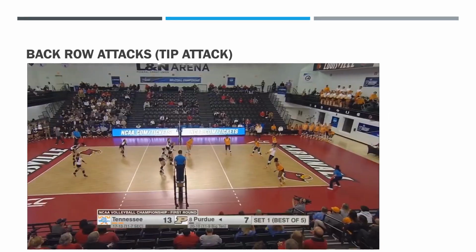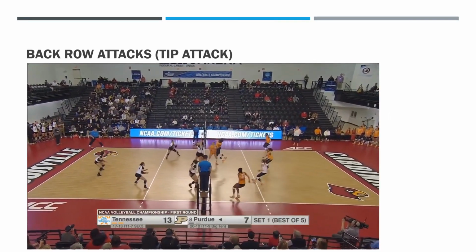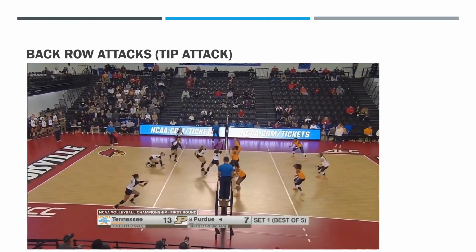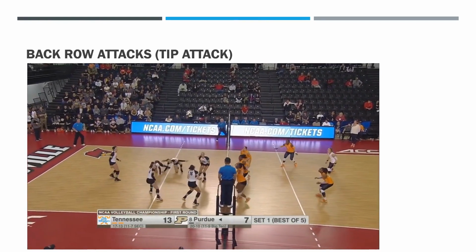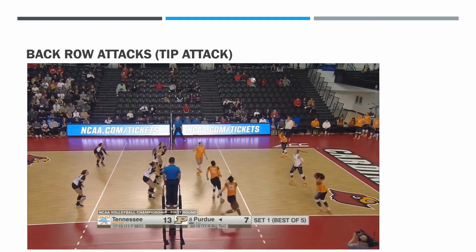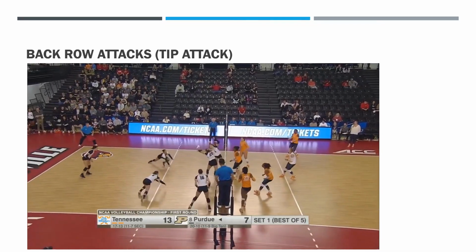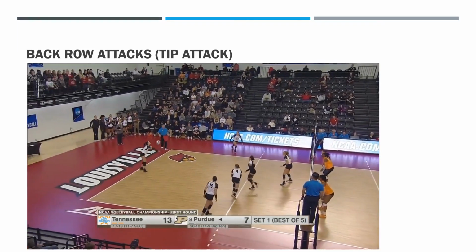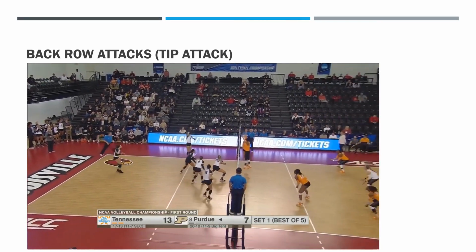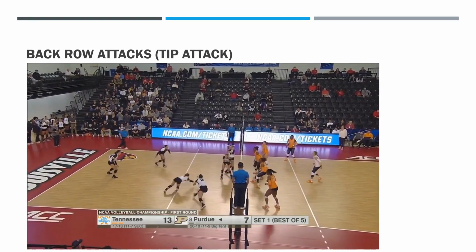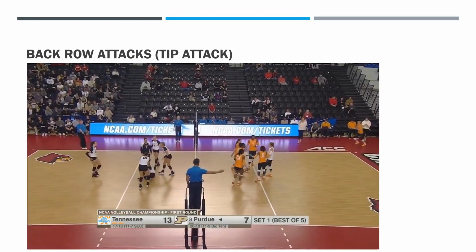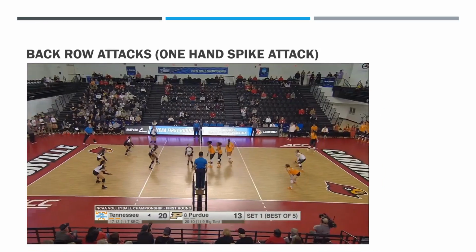Outside that block. Great dig from Hudson. Battle at the net there. Cook over for Purdue. Granberry with the tip. This time out of the back row. A good play for Tennessee and Erica Lovett. On the scrappy balls.